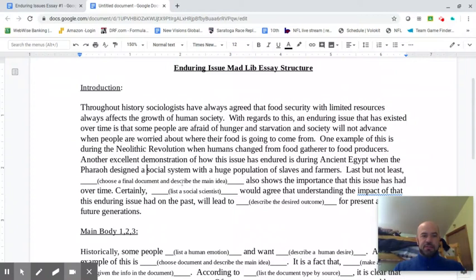Last but not least, and we're choosing a final document. So our Pandora bracelet showed us, so that would be document 4 on the feudal European system.